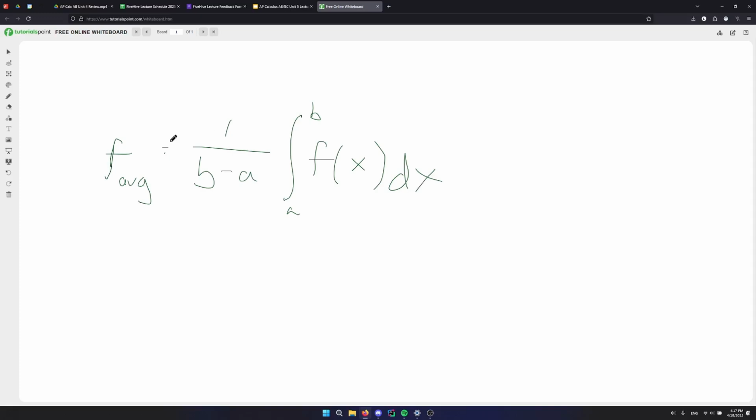So this is just a quick review of average value. Honestly, I'm not even sure if you'll ever need the mean value theorem for integrals, because most of the time you should be able to just use this average value formula.